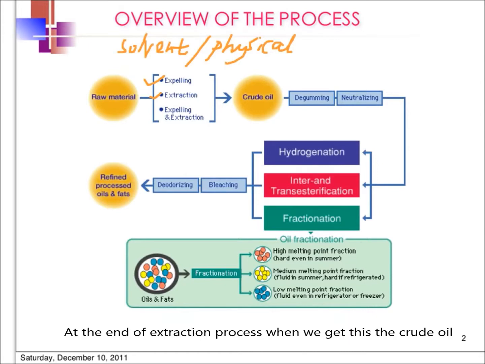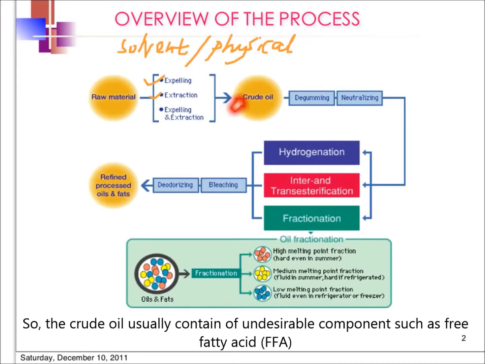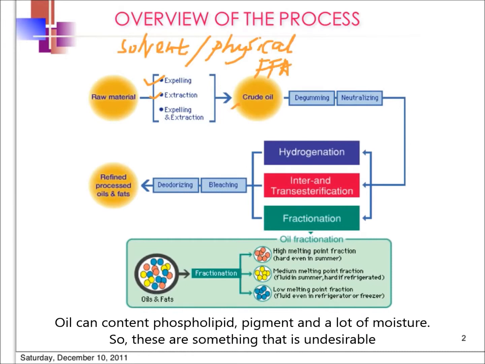At the end of the extraction process, what we'll get is the crude oil. So the crude oil usually contains a lot of undesirable components such as free fatty acid, FFA, or it can contain phospholipids, pigments, and a lot of moisture.